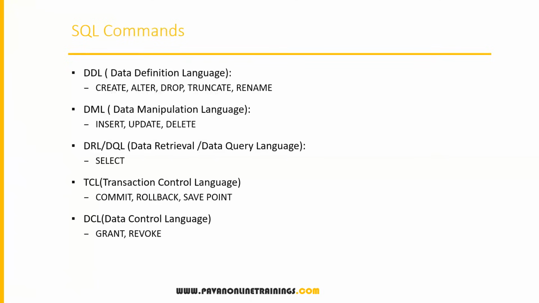The administrator doesn't provide full access to database users. Based upon their role, designation, and work, they decide which role to give to a particular user, and only that role is granted. And if they want to take back the role, they use the revoke command. By using these 2 commands, they control the permissions. So these are basically administration commands.